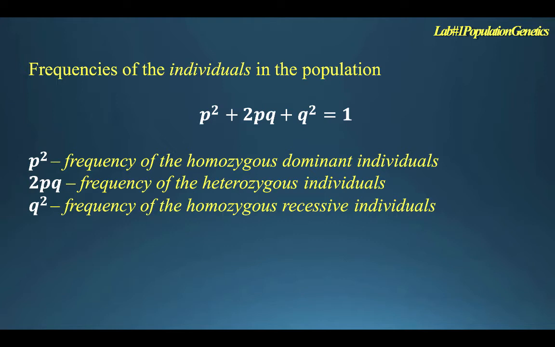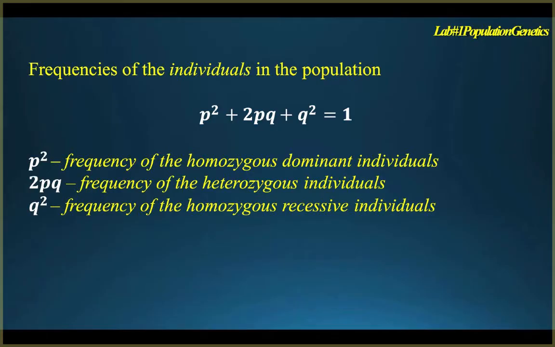We have P squared. So if we have two P's, this would be equivalent to big B big B. Q squared, well, we know Q would be the little b, so little b little b. And then this one right here has both of them, so this would be big B little b. All three of these would come together to equal 1, or 100%.